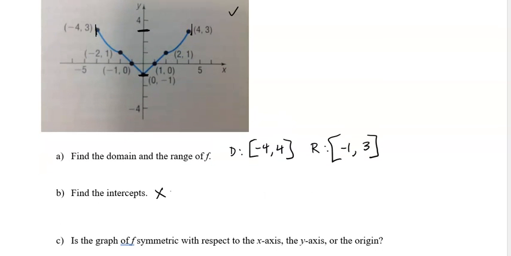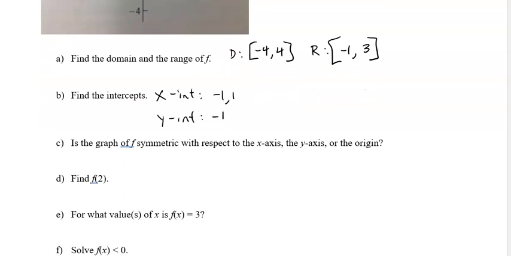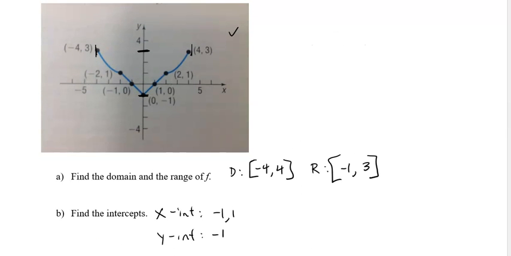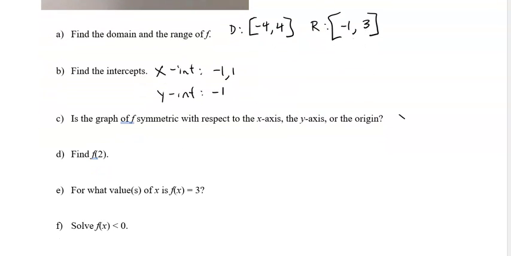Intercepts, we have x-intercepts of -1 and +1, and y-intercept -1. Is f symmetric with respect to the x-axis, y-axis, or the origin? Looks like we have symmetry with the y-axis. The y-axis splits the graph up into two equal halves. If you fold on the y-axis, the two halves would come together. So it's going to be y-axis symmetry.